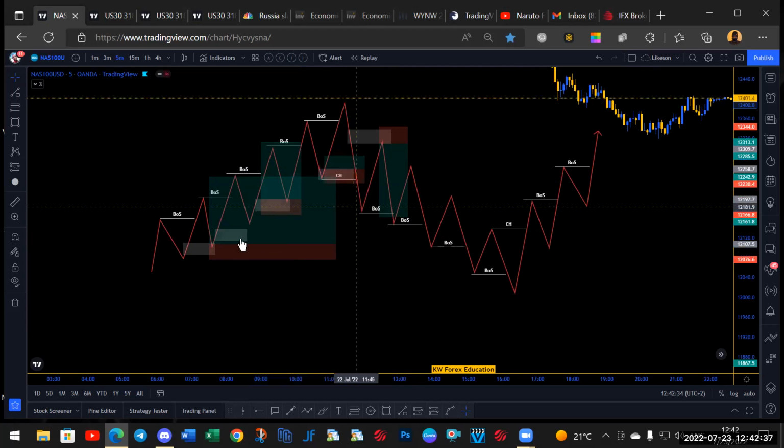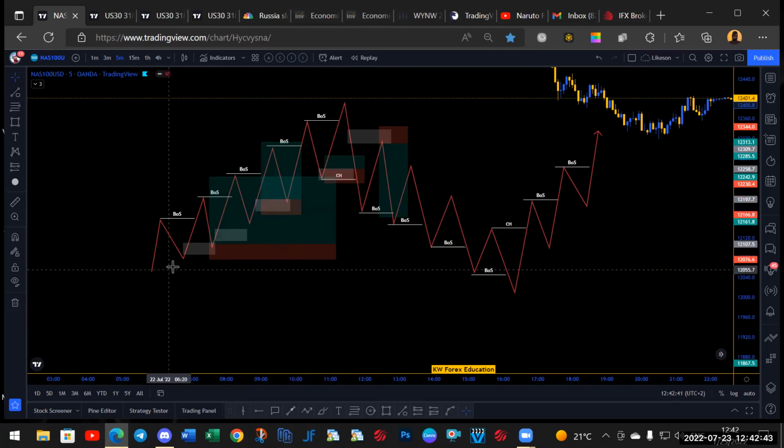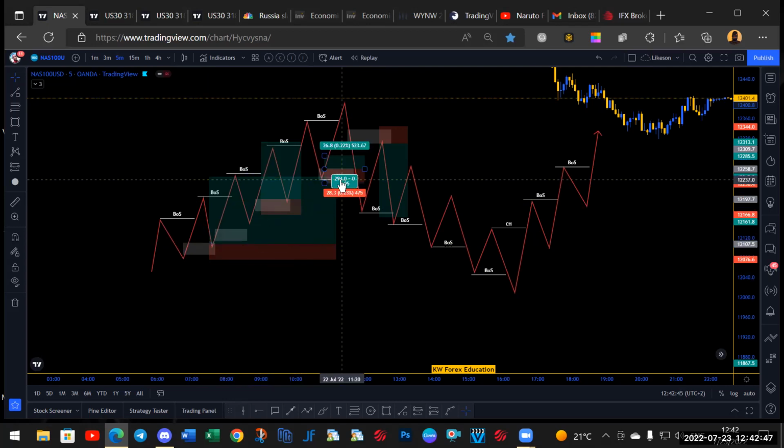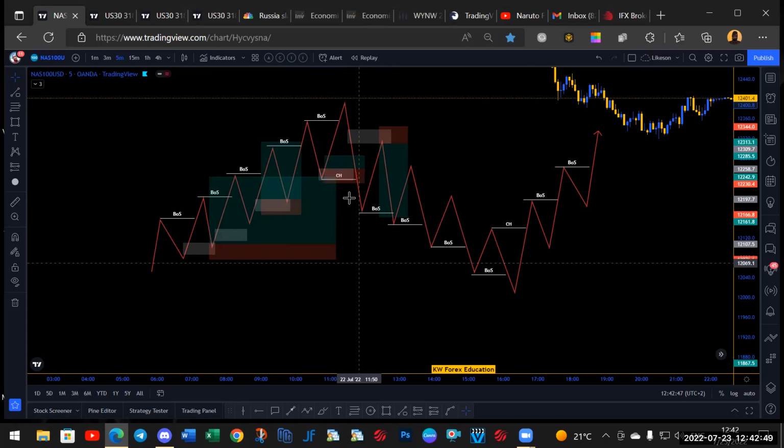You just keep adding more trades as long as it's going in that direction, until the moment you get a change of character. Then you know that price is now going to reverse. That is when you close your trades.